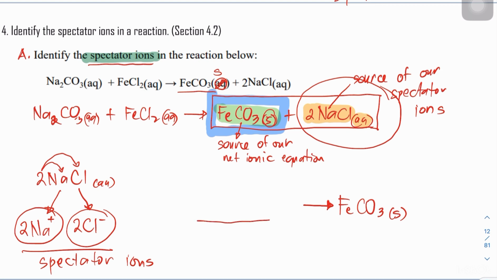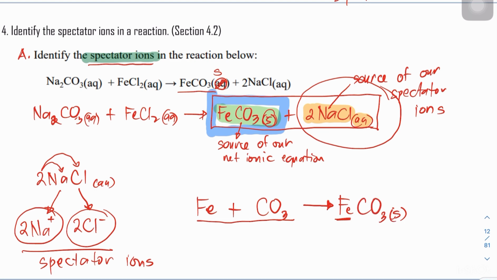What is our reactant before the arrow? The reactants must be placed before the arrow. What are those substances? We have Fe, and another one, CO3. These are the two substances considered to be our reactants. Let me check this one again: Fe plus CO3 produces FeCO3 solid.